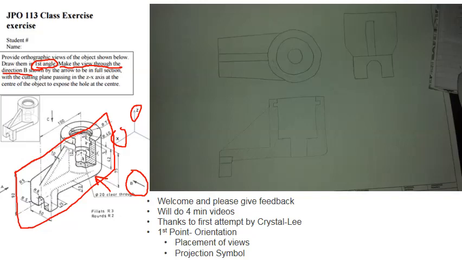In terms of placement of views, if you recall the schematic that I once discussed, you'd place a main view in the middle, and for first angle projection, what you see from the top of the main view, you'd show at the bottom of the main view, and what you see, let's say, on the left hand side of the main view, you'd put on the right hand side. So that would be the left view.